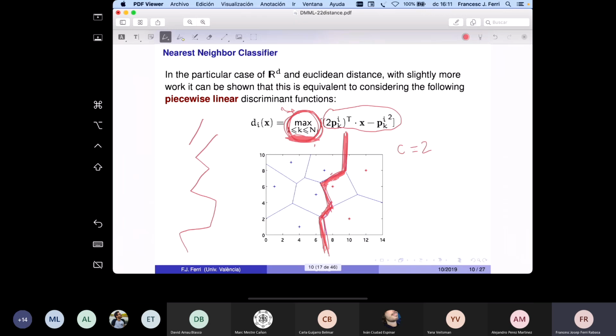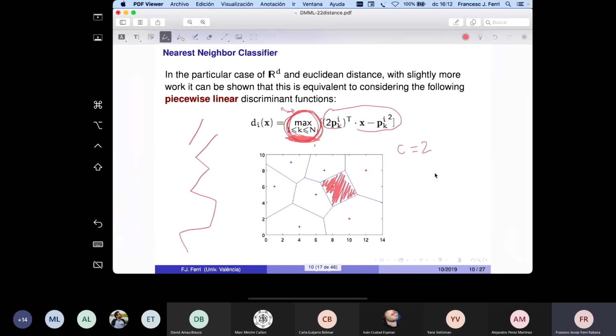For example, here, if all of these are our points, forget now about classes, then this region of the space is the Voronoi polytope associated to this point.